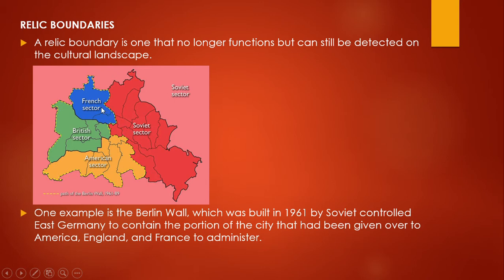The blue, the green, and the yellow are the portions given to France, England, and America. And this red here is the Soviet sector. It's a relic boundary. It's already so old, so it's no longer functional.